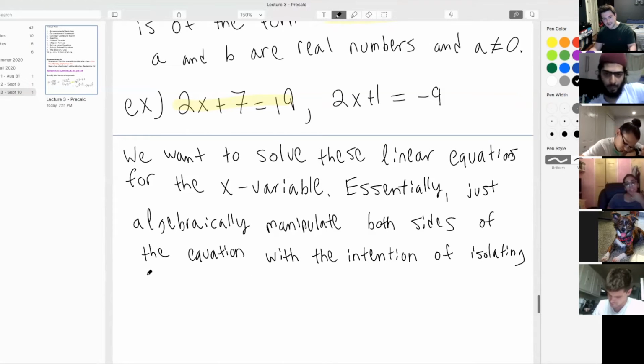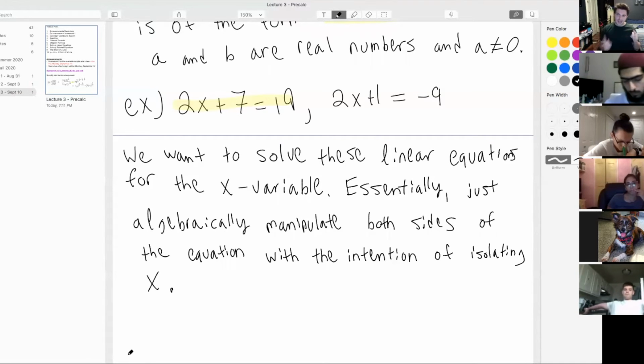We manipulate both sides of the equal sign with the intention of getting that x variable by itself.